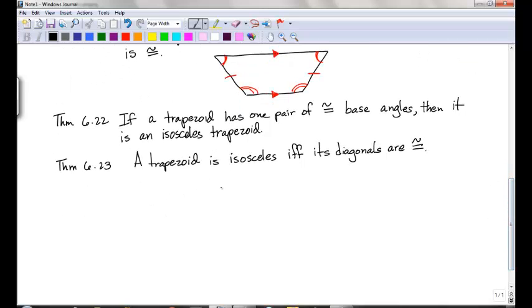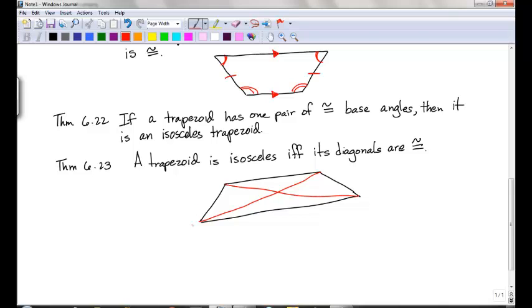If you look at a trapezoid, if this diagonal is congruent to this diagonal, and I'm going to label this Q, R, S, and T. If QS, the length of that diagonal, is congruent to RT, then yes, it's isosceles, and that means RS is congruent to QT.